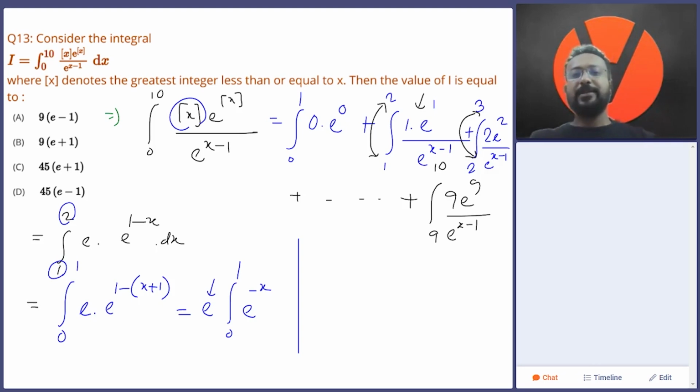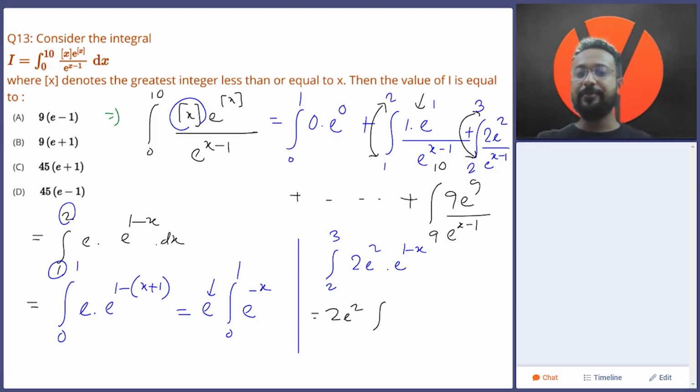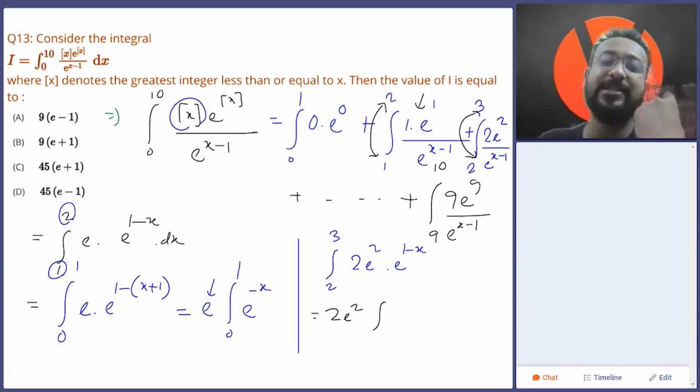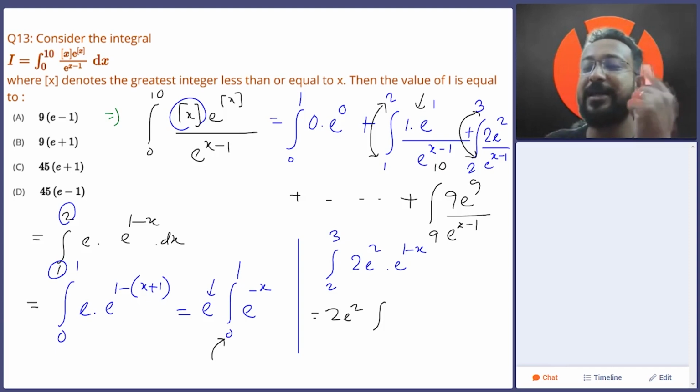Okay. So the next part is, sir, the next integral was from 2 to 3, and twice e square was there, and e to the power 1 minus x. Correct? Okay. So same, this 2e square we are taking out. And again, same, gap is 1, so we're reducing now. Our main aim is to create 0 to 1. It means now I have to reduce this by 2. This will become 0 to 1.